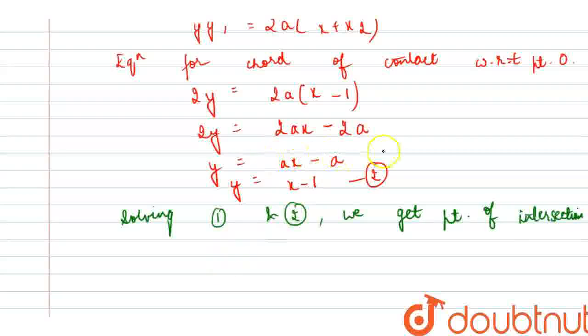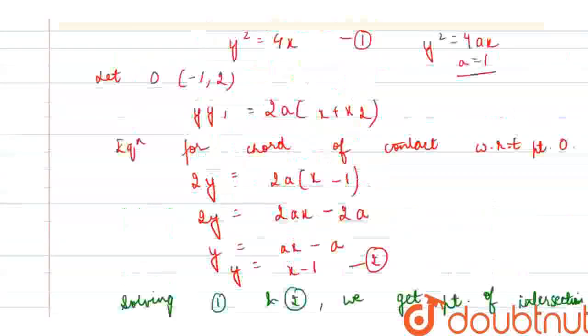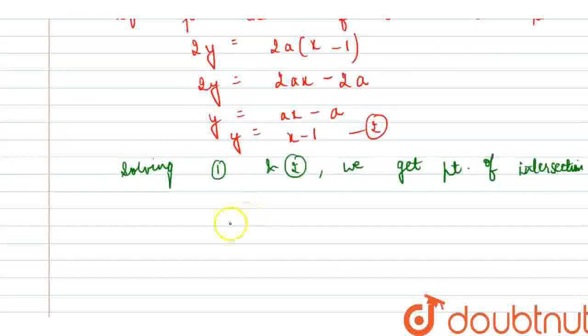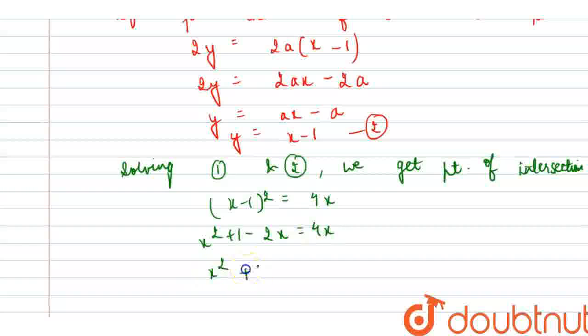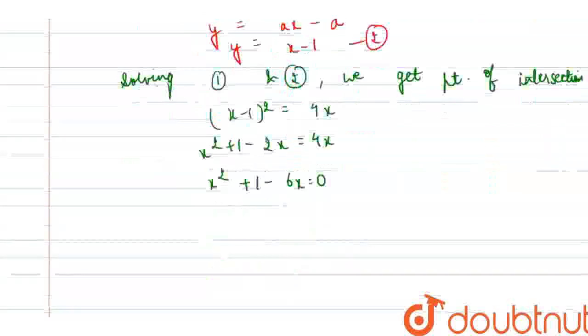So using y is equal to x minus 1 in y square is equal to 4x, I get (x minus 1) whole square is equal to 4x. Solving it further, it would be x square plus 1 minus 2x is equal to 4x. Solving it further, I get x square plus 1 minus 6x is equal to 0. Now this is a quadratic equation in x.